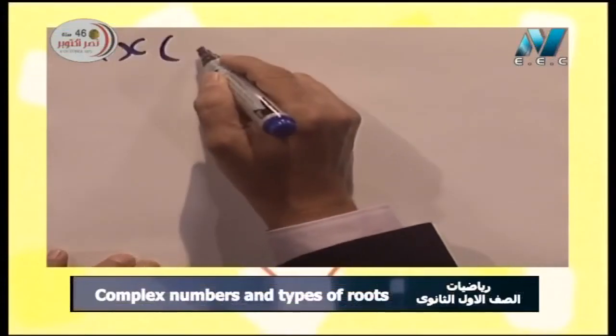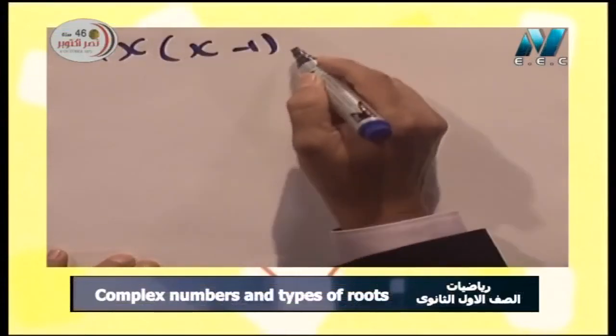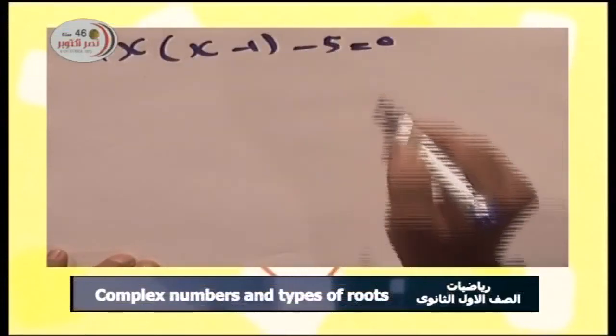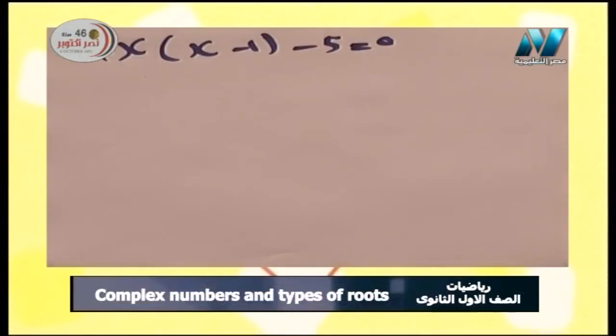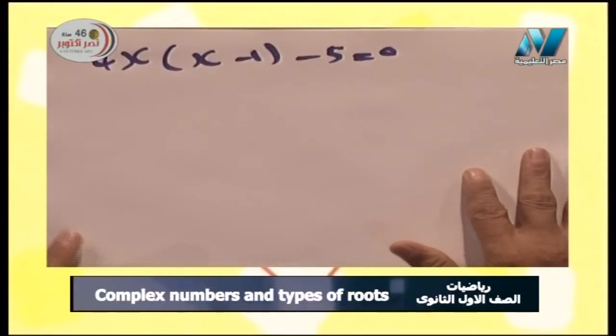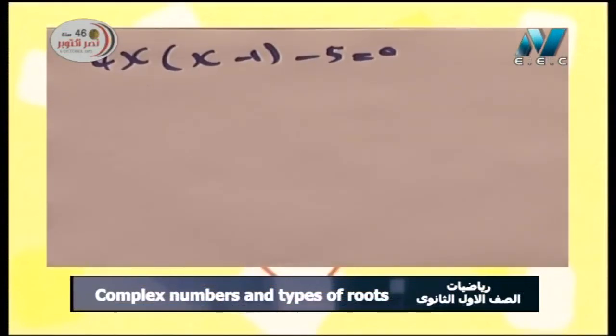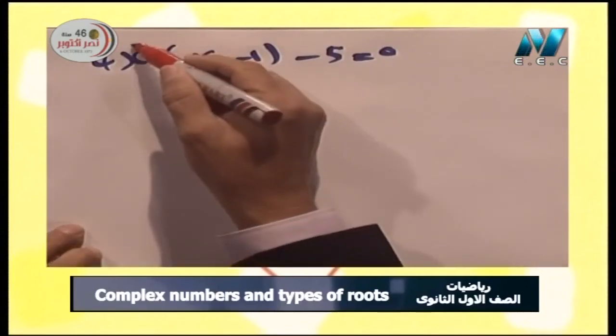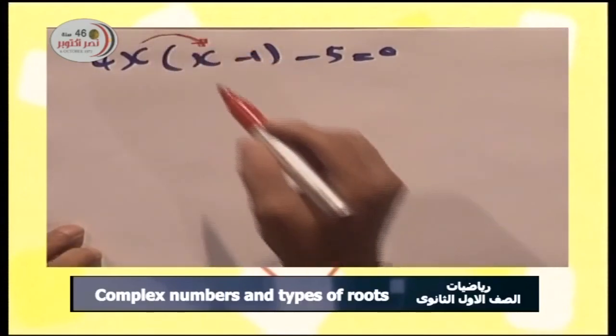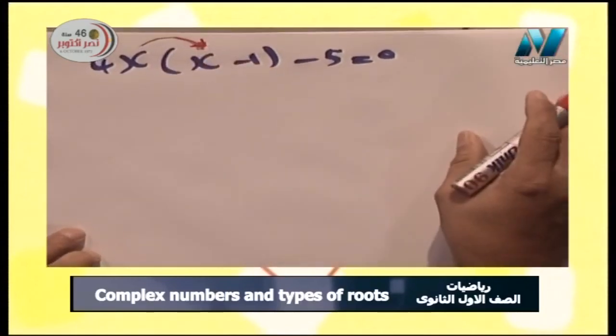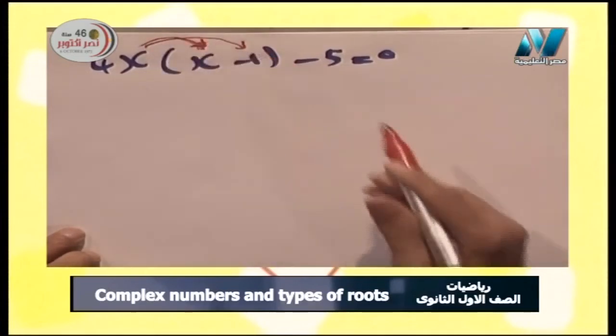Determine the two roots of the equation 4x multiplied by (x − 1) − 5 = 0. Is this equation in its standard form? No, because 4x must multiply by x, and 4x also must multiply by negative 1.